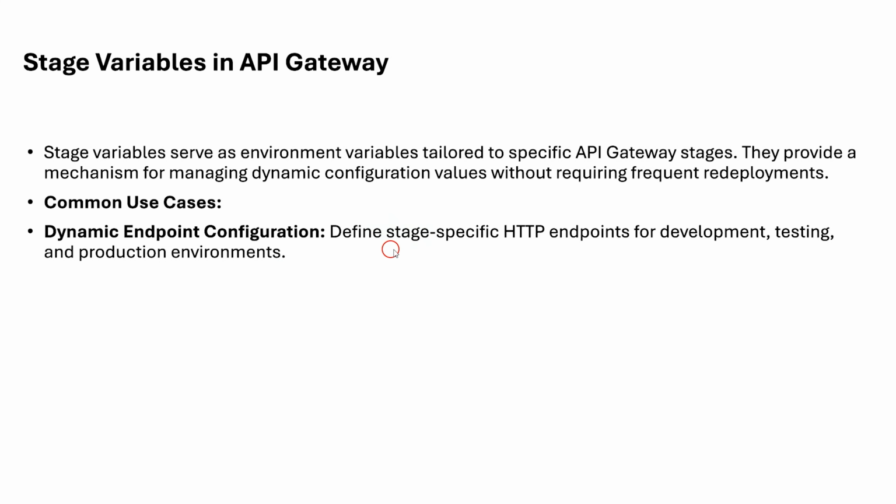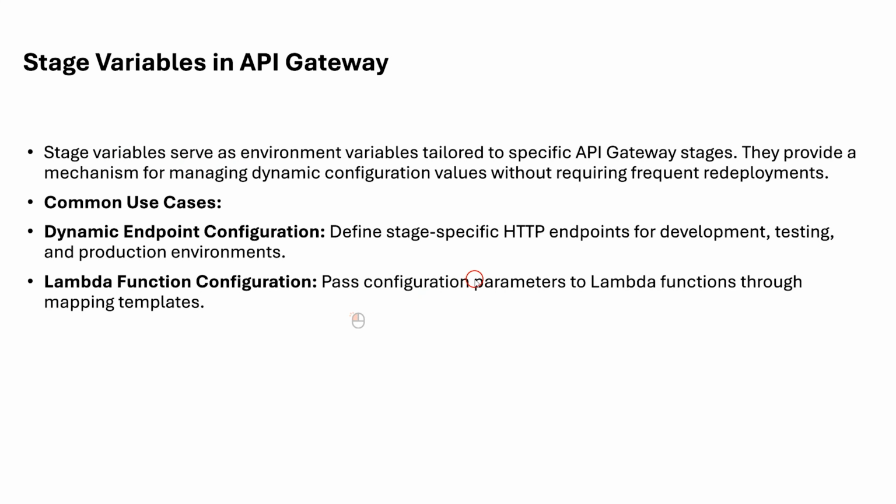You can define the stage-specific HTTP endpoints by using the stage variables. It's simple: you can use dev to represent the dev HTTP endpoint, test to represent the testing HTTP endpoint, and similarly prod to represent the production environment.